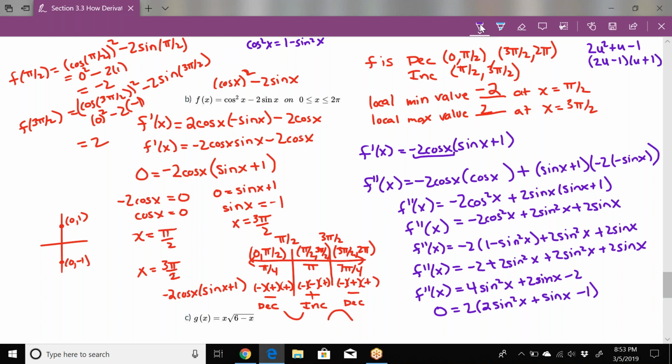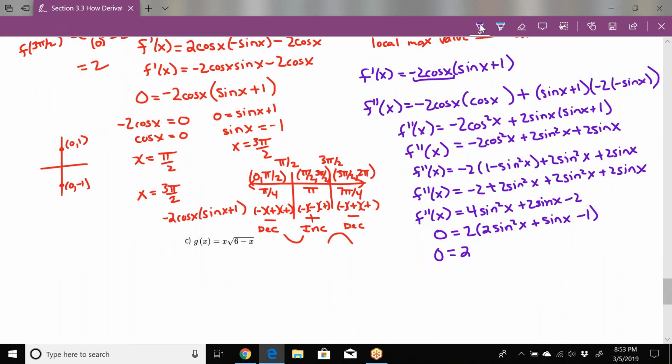You can check that real quick: that's 2u squared plus 2u minus u, which gives me plus 1u, and then minus 1. So this is going to factor into 2 times 2 sine x minus 1, and then sine x plus 1.